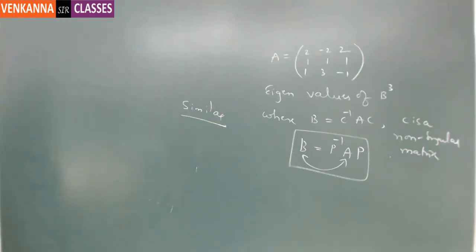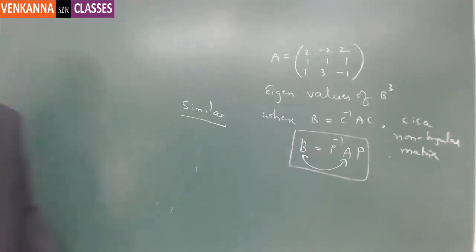I have given the definition that a matrix is similar to another matrix whenever you can find a non-singular matrix P such that P inverse AP is equal to the matrix. And as I have given in the eigenvalue properties, similar matrices have the same characteristic polynomial.